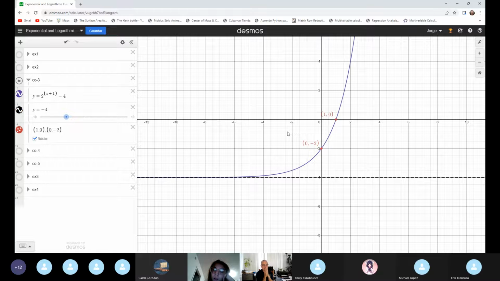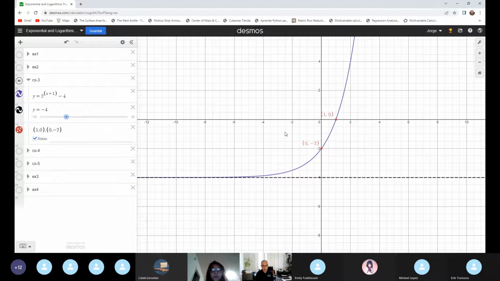Focus. Look, this is my graph. It corresponds with the new exponential. In this case, we have two transformations. So we take the original 2 to the x and we move it one unit to the left because it's plus 1, and subtract the 4, so you're moving 4 units down. It's a very good shift.